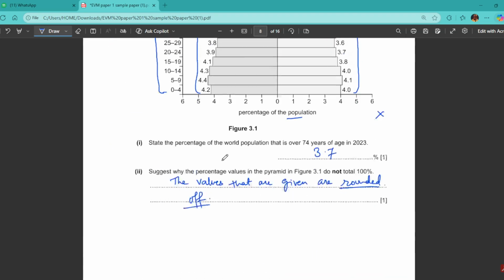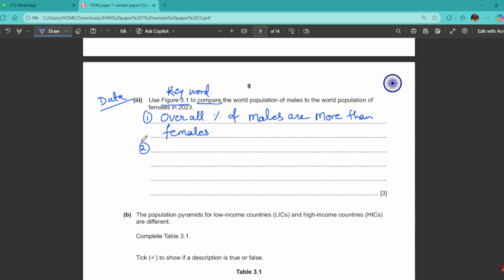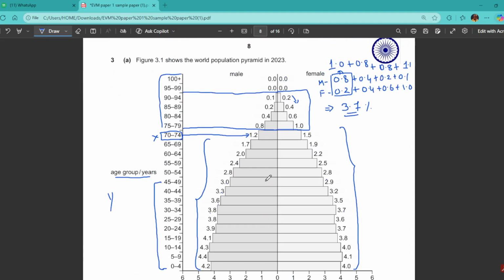So we can mention this one in the data, that is, more males are there from age group of 0 to 49. Fine.